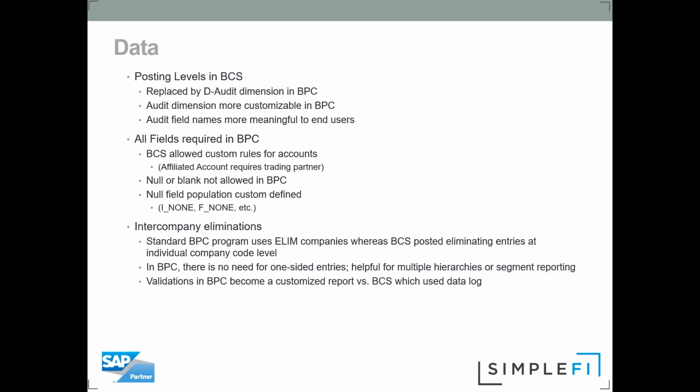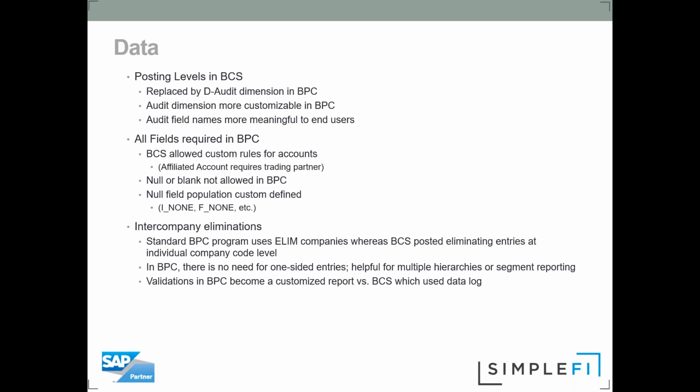And then eliminations is probably the other big change between the two systems, because rather than BCS using a posting level and recording it at the company code, in BPC it creates that entry and actually posts it into a separate elimination company.